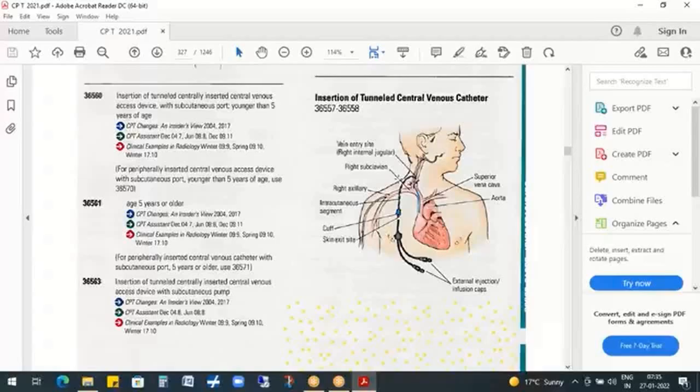Non-tunneled: a catheter is directly placed into a vein without any movement.